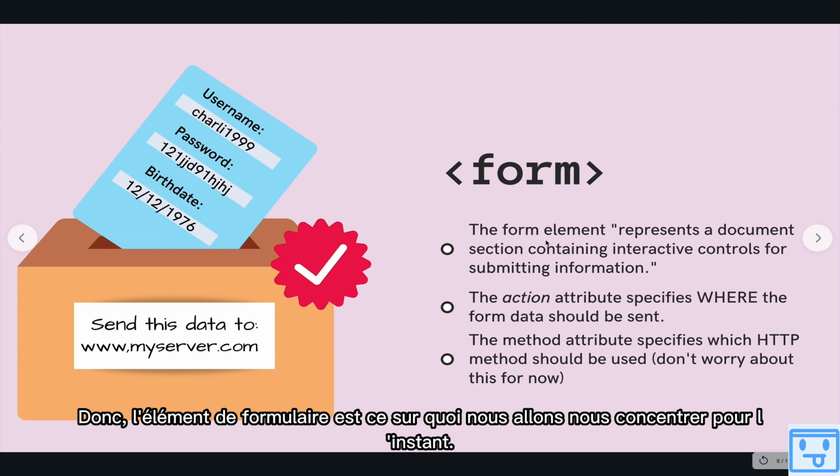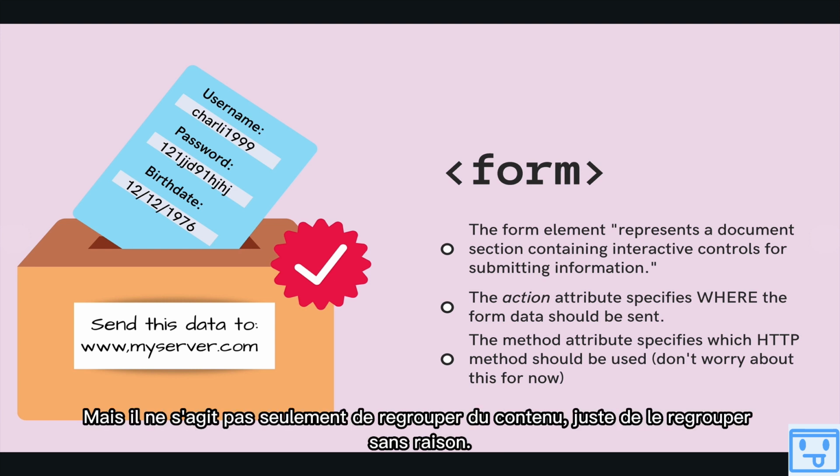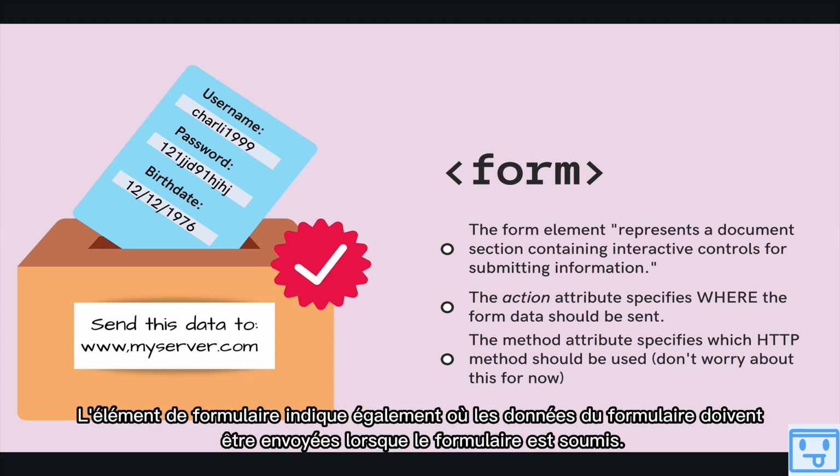So the form element is what we're going to focus on for now. It's the container, the box, the thing that all of your inputs are put inside of. They're grouped together. But it's not just about grouping content together for no reason. The form element also dictates where the form data should be sent when the form is submitted.